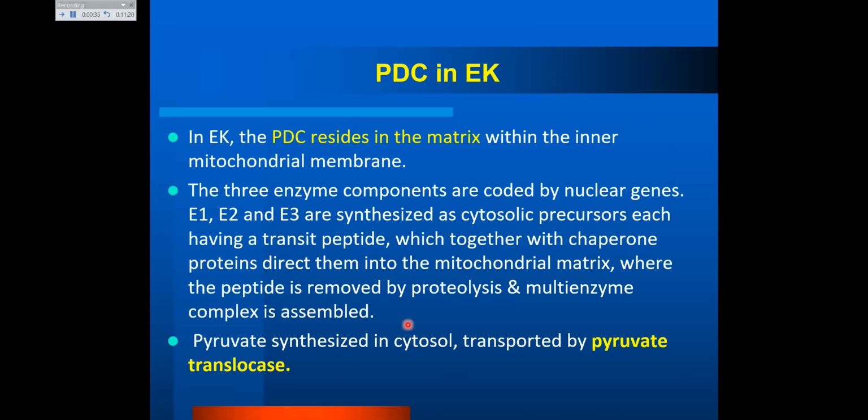And since pyruvate is synthesized in the cytosol, it is then transported by another enzyme called pyruvate translocase to the mitochondrial matrix where this PDC system is located.